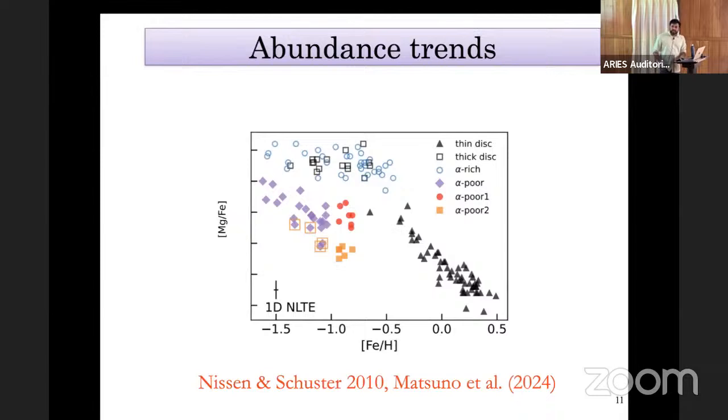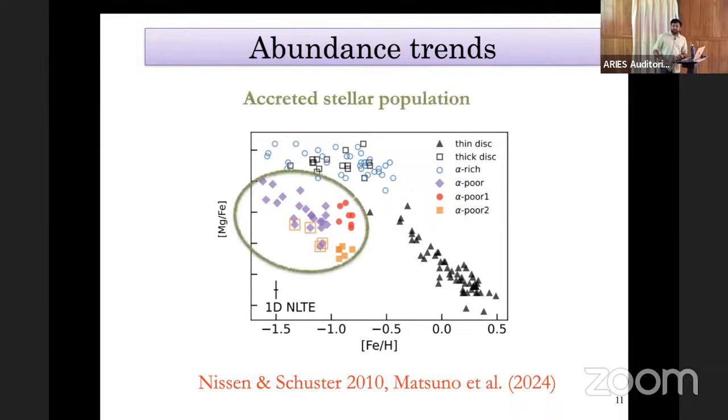In addition to that, there is also a lot of other information. For example, stars which were formed by the last major merger have a different star formation rate, and as a result, they have a different magnesium to iron ratio. As you can see here, they have identified these stars to belong to an accreted stellar population from a major merger that happened around 8 giga-years ago, from the dynamical classification that they are mainly moving in retrograde fashion compared to the Milky Way stars, which are moving in prograde fashion.